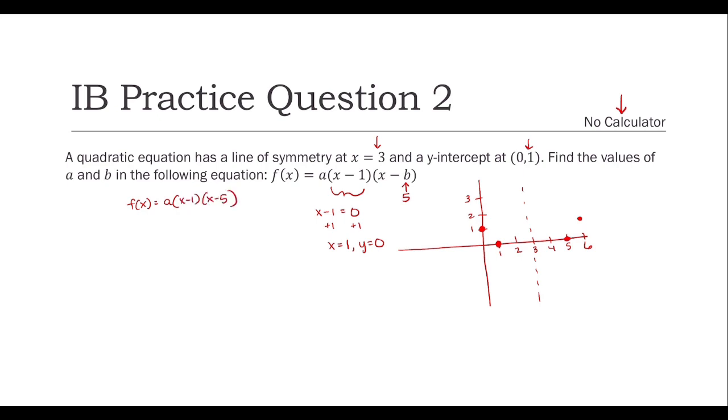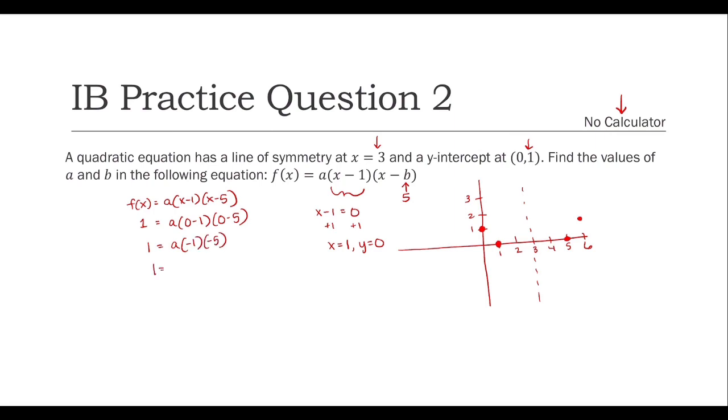So to find this a value, we can plug in values for x and y. So we'll start by plugging in 0 for x. And if we plug in 0 for x, we should get 1 for y. So 1 equals a times 0 minus 1 times 0 minus 5. So 1 equals a times negative 1 times negative 5.